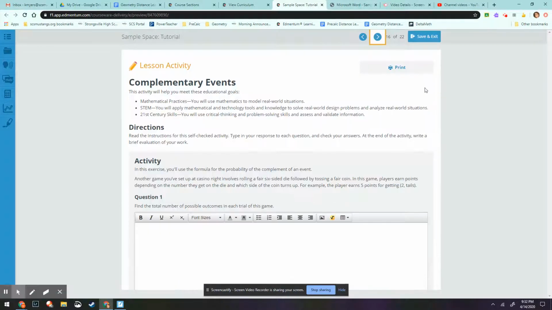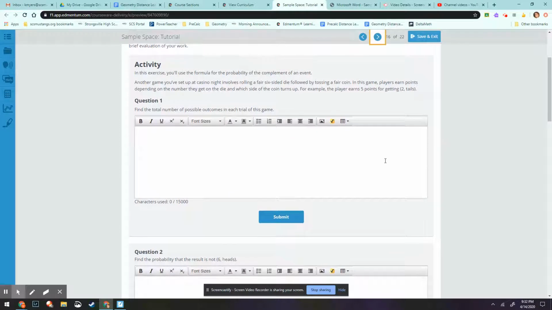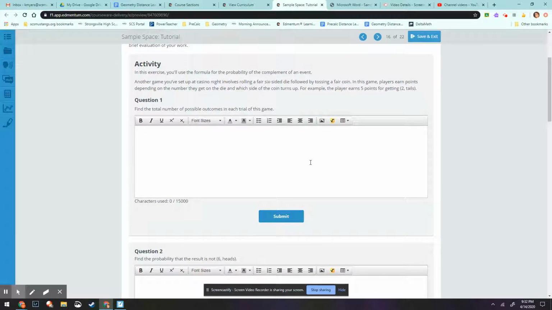Okay, so if we go into this next one, those are again complementary events. Here what we're doing is we're rolling one 6-sided die and then tossing a fair coin. That just means it's heads or tails. Either one is just as likely as the other. We want to find the total number of possible outcomes for this. So some possible outcomes would be like rolling a 1 and then getting a heads.